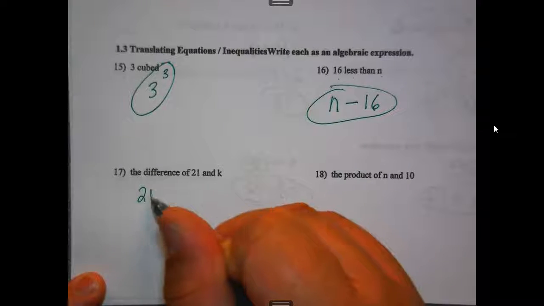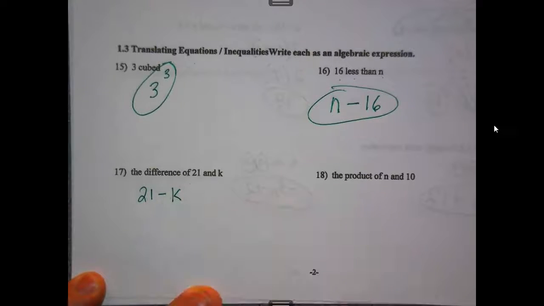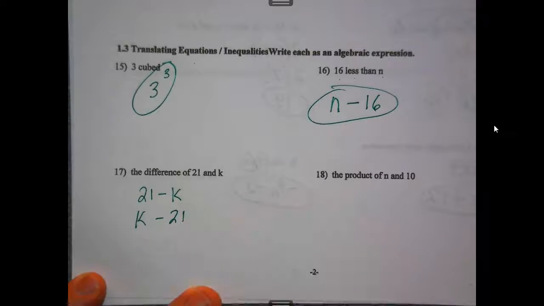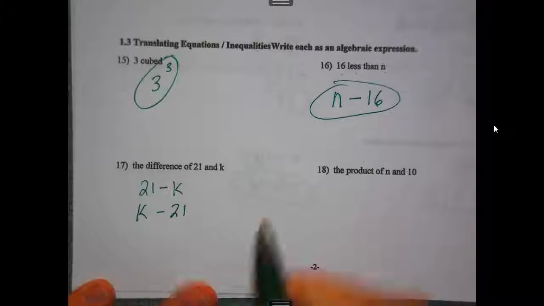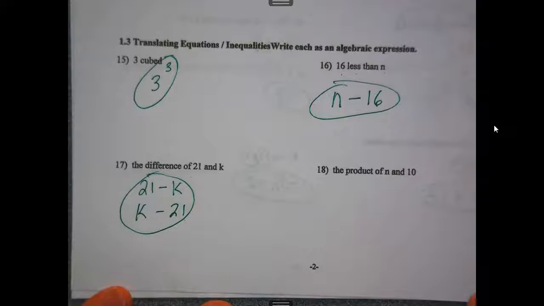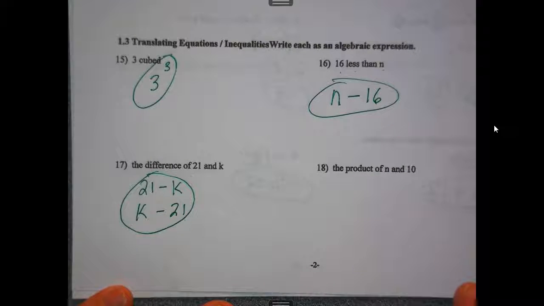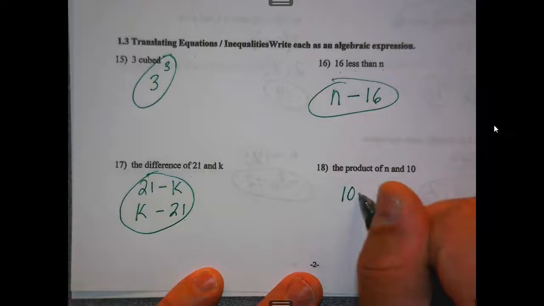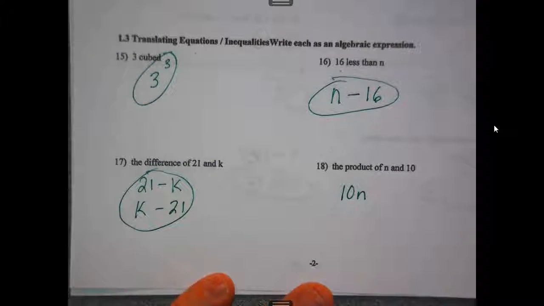So here's 21 and k, the difference between 21 and k. It doesn't specifically state, so either one works. The product is, according to my note chart, multiplication. So you have 10 times n. We normally put the number first.